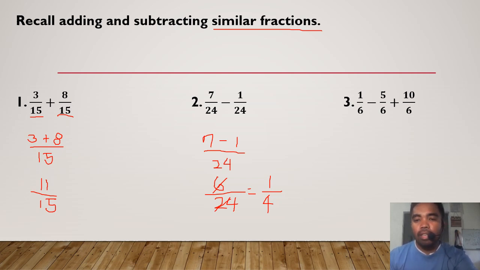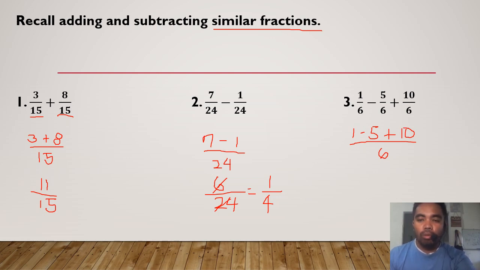So the third one, we have three fractions, with two operations, the minus and then the add. We're going to copy their common denominator, which is 6, and combine their terms in the numerator: 1 minus 5 plus 10.